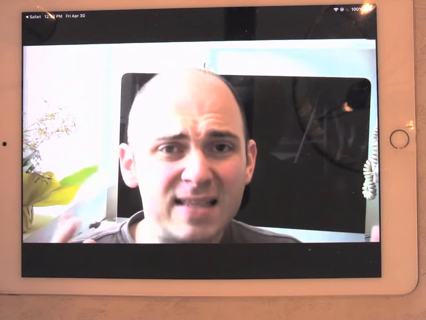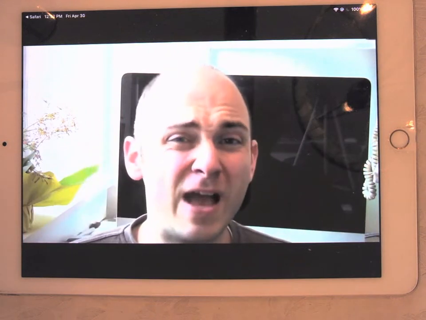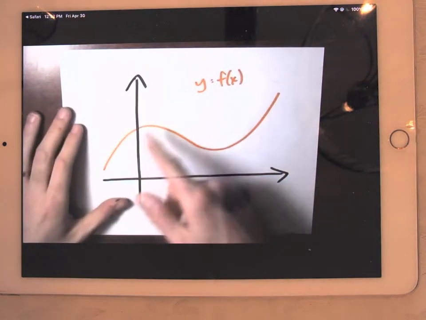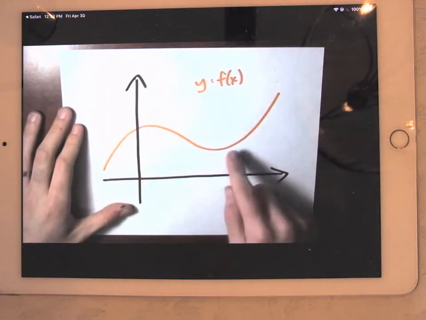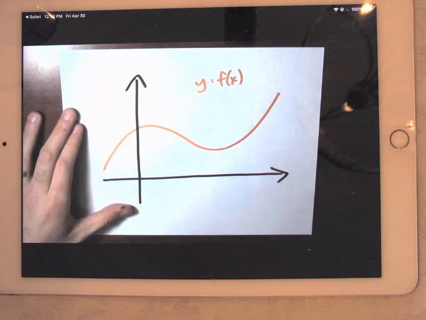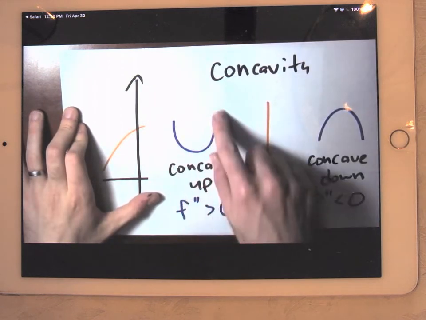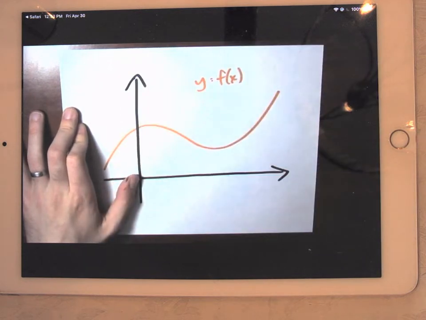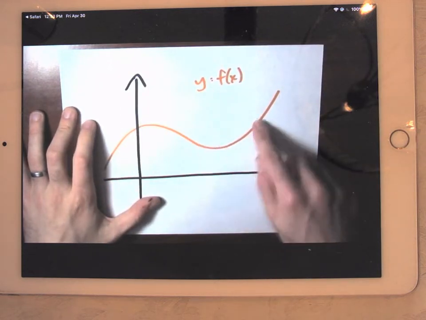And this makes sense if we think of the second derivative as measuring the change in the derivative. So let's think back to this graph again. Here's this graph of some random function. Look at this part of the graph right here. That looks like the concave up shape from before where the second derivative is positive. So we might think that the second derivative is positive here.